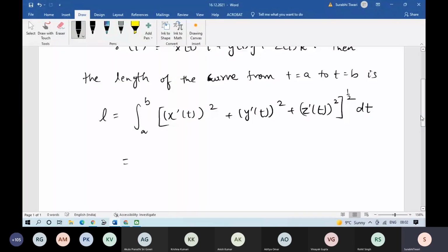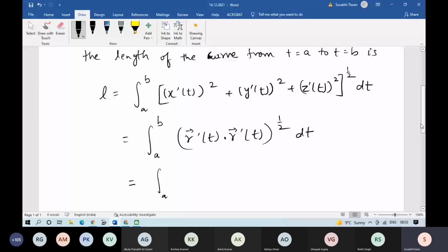Now this is equal to the integral from a to b of position vector R'(t) dot product R'(t), to the power half. Everyone knows what a dot product is.